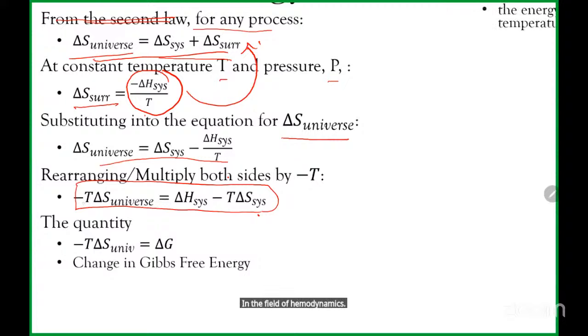This quantity, minus T delta S of the universe, is called the change in Gibbs free energy during that process.